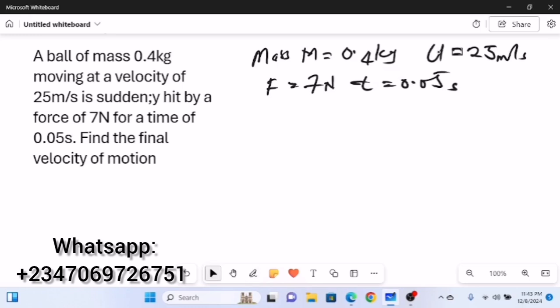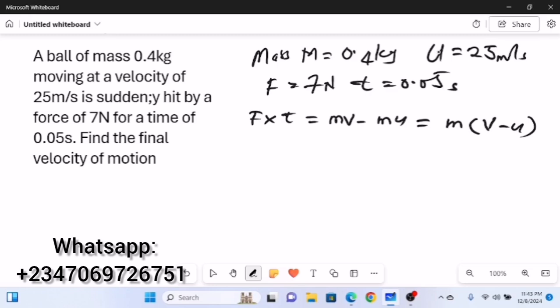That's the initial velocity. Now we learned from Newton's second law of motion that the product of force and time, which is impulse, is equal to the change in momentum, which is mv minus mu. Mass is constant, so you can easily factor out mass, m into v minus u.